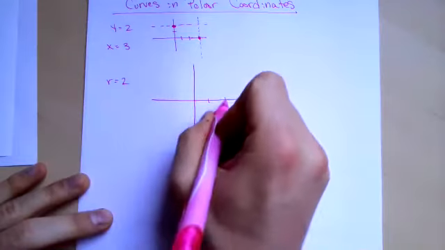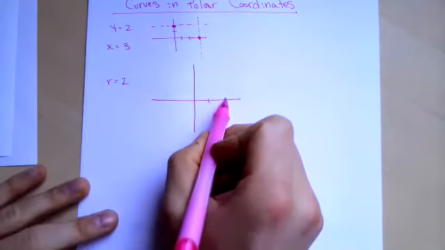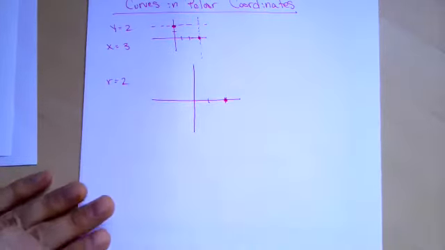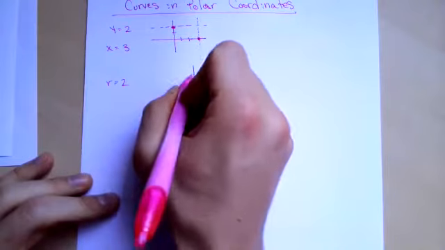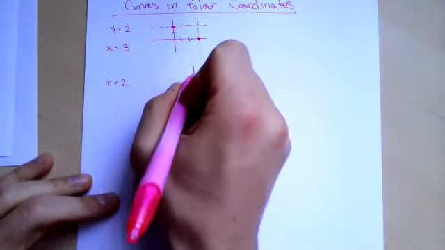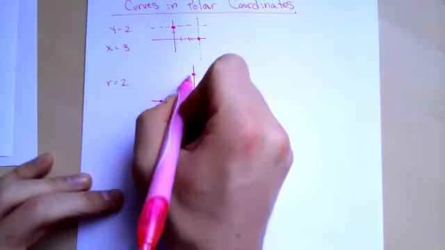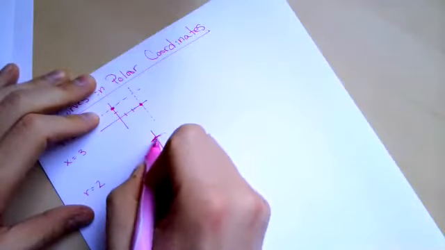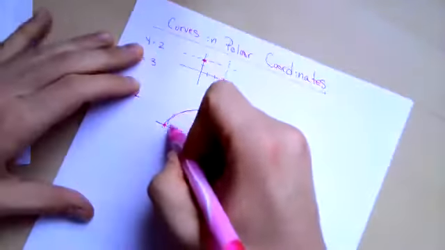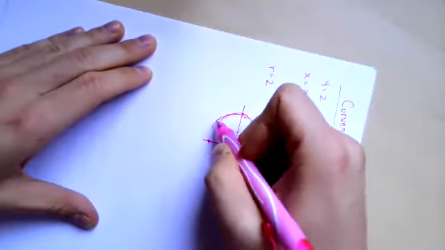I know that I count over 2 on my x, but then theta can be anything. So I would walk in the direction of theta, and we would just get a circle. So this will be my best circle I can get.